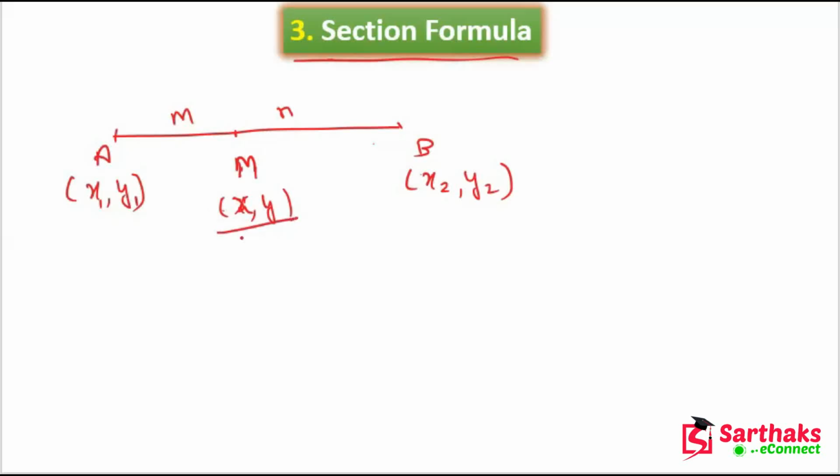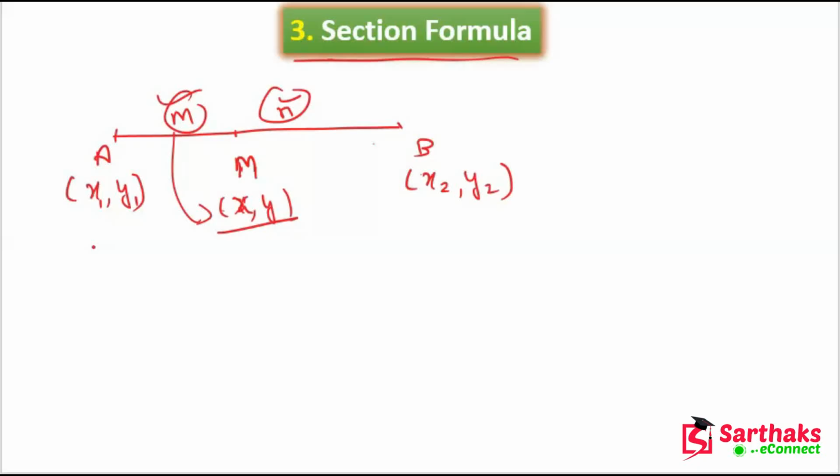Also, it is possible to find the point of division if we know the ratio in which the line segment joining two points is divided. These two things can be achieved with the help of the section formula in coordinate geometry. I hope you understand this.